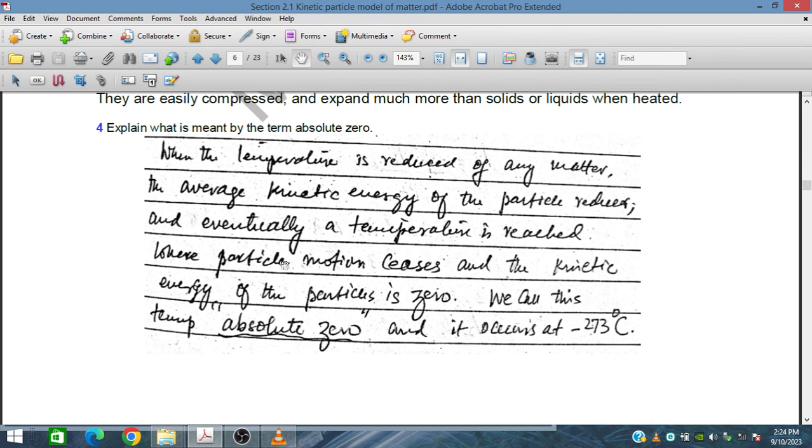No vibration. The kinetic energy of the particles is zero. We call this temperature absolute zero, and it occurs at minus 273 Celsius.